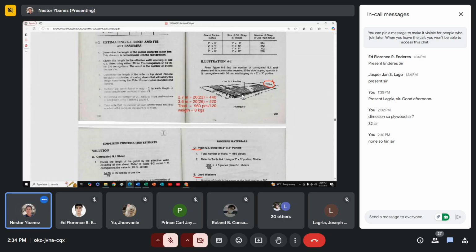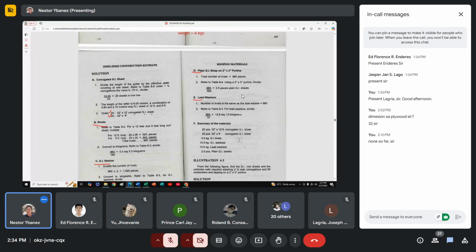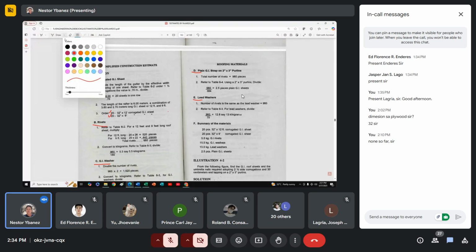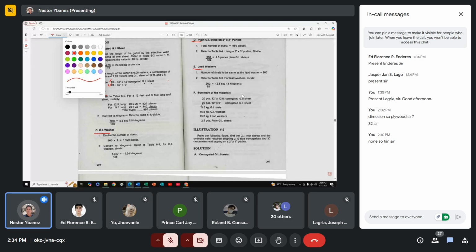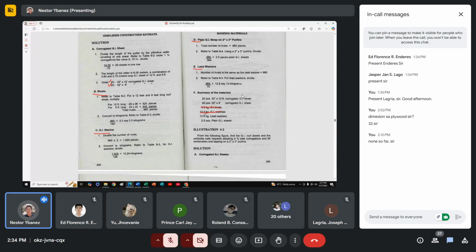So for the summary, I will not write it out, but we will change this one. What we add here is 8 kilograms of umbrella nails.